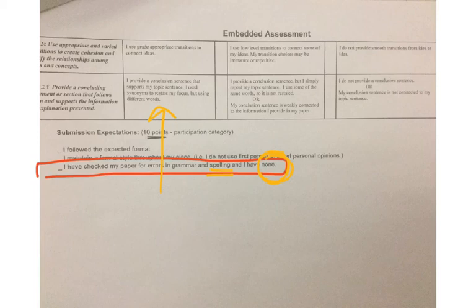At this point in the school year, and you are in 7th grade, you should know how to use capital letters, periods, and you should know how to spell most words correctly, or you have the option to use spell check, and spell check is going to help you out so much. Don't be lazy though. Run spell check, read your paper over, and check it, because you are getting either all 10 points or you are getting 0 out of these 10 points.